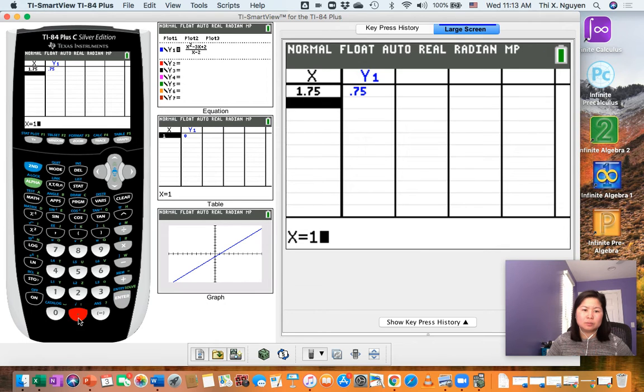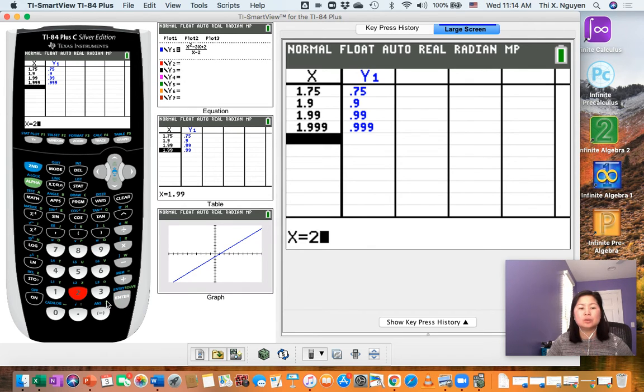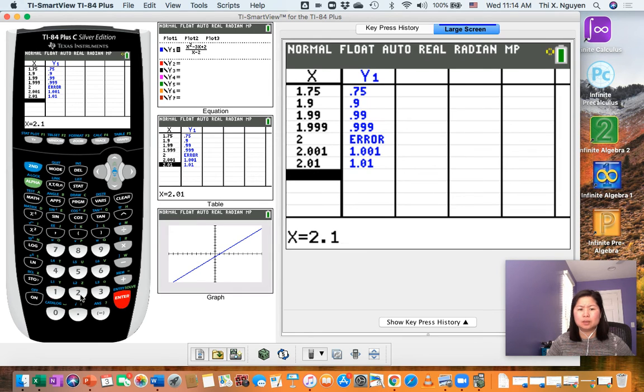Then the next one is 1.9, enter, 1.99, and then 1.999, enter. Then we want to know what happened at 2, but we know 2 will give you an error, it's undefined at that point. So we do the next ones: 2.01, 2.1, and I believe the last number is 2.25.